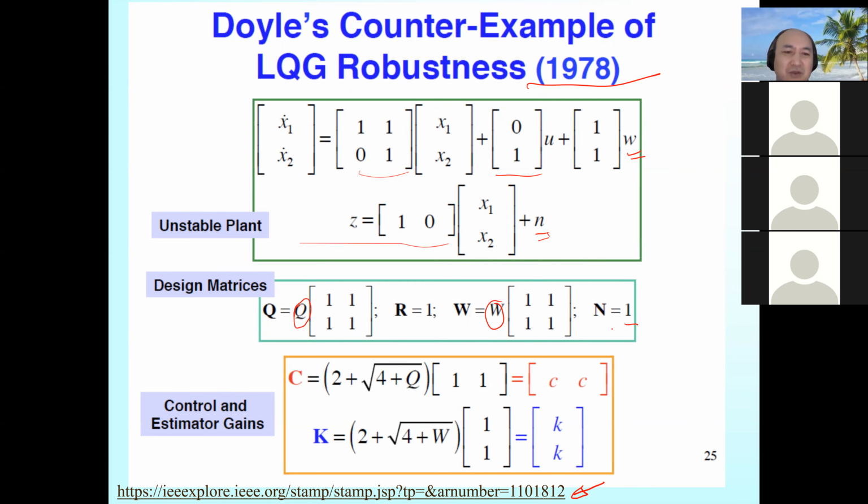So we do controller estimator gain, and we find out the gain is connected to the Q. Depending on the Q, we can solve it. And also estimator gain K is connected to the W. We can put the W in here. So you get a CC and a KK because they are the same. So it looks like it's going to work.